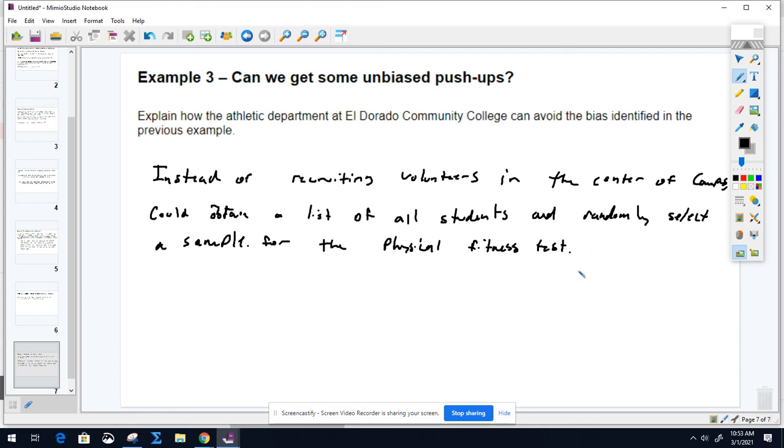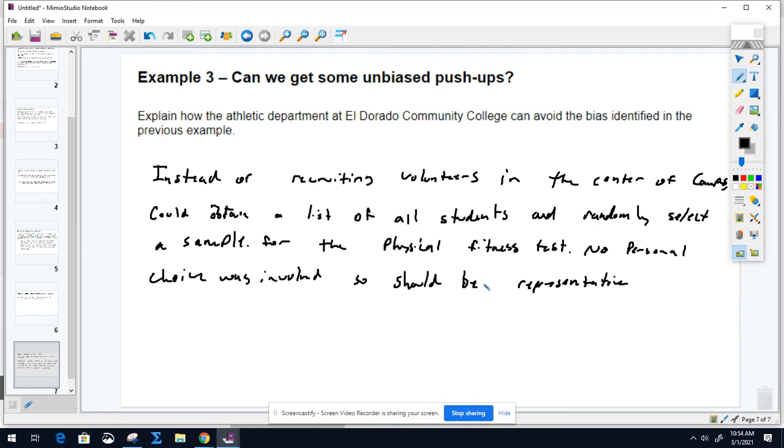So no personal choice was involved, so it should be more representative of the entire student body.